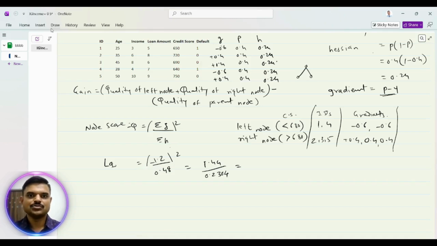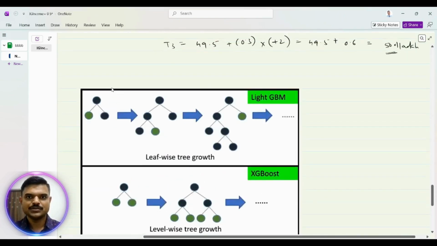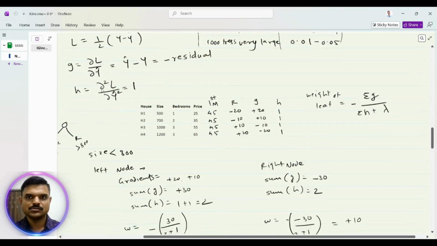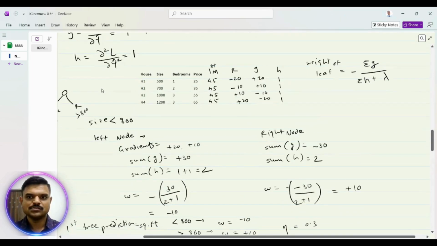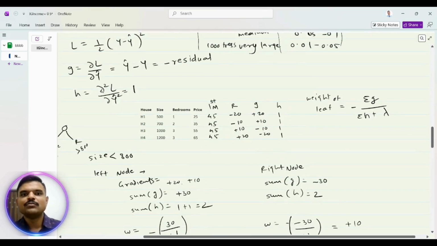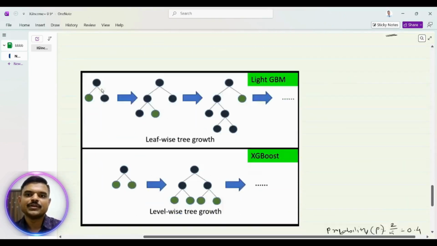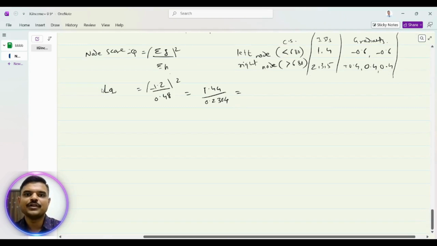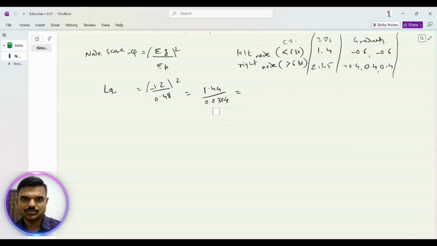So if it is on the upper side, we are squaring it for getting more confidence.